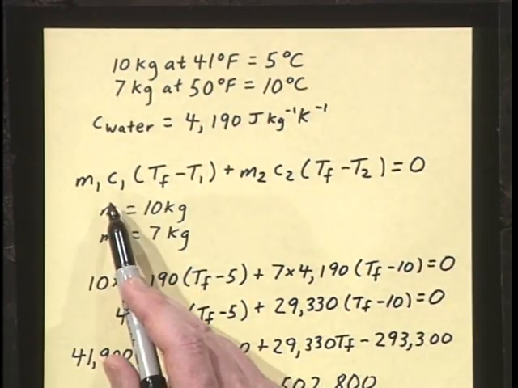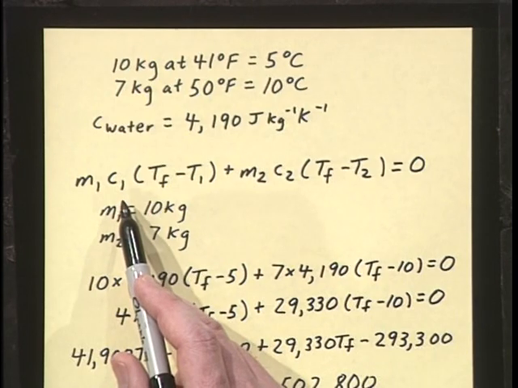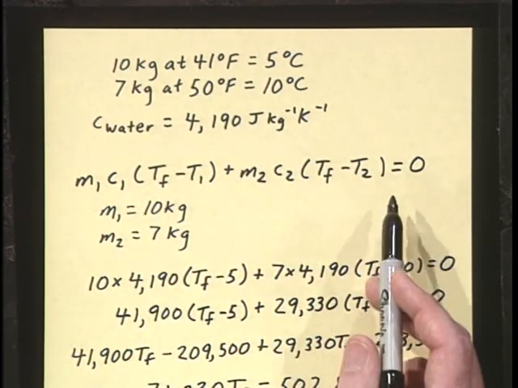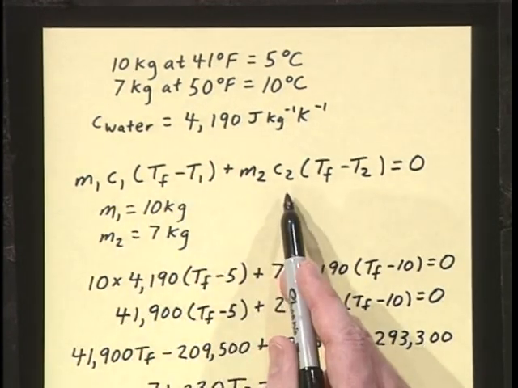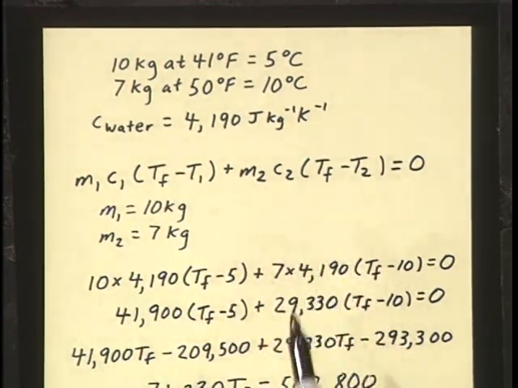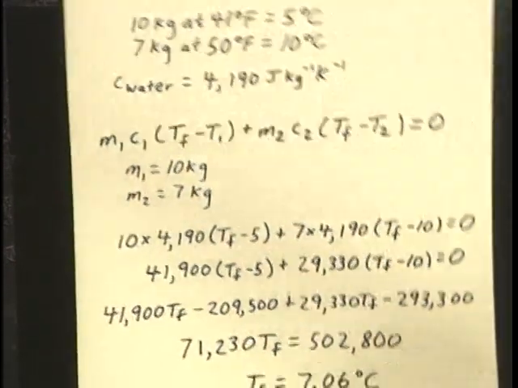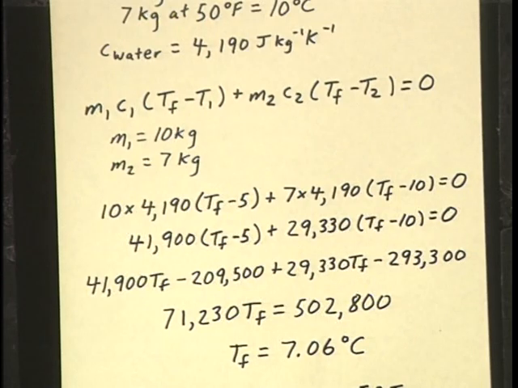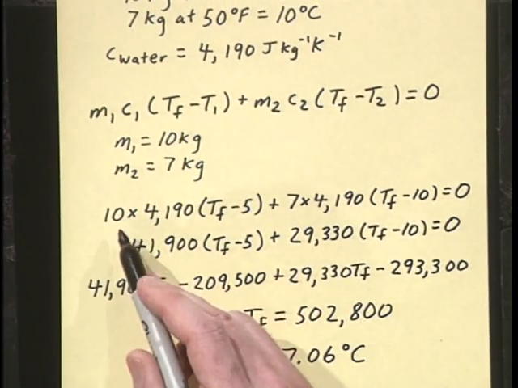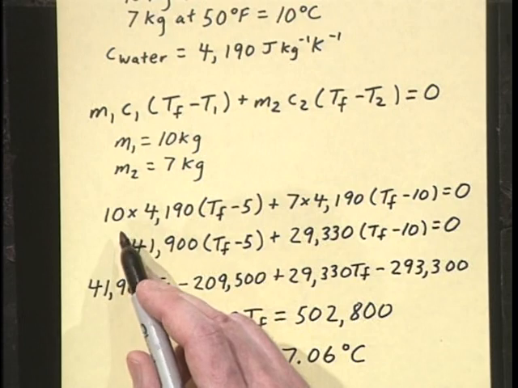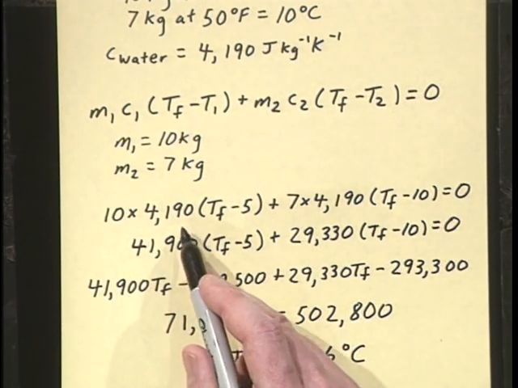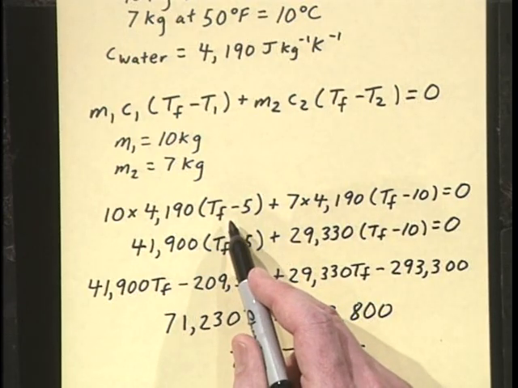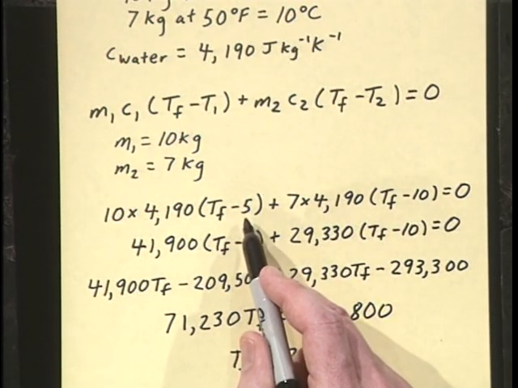And next we have our equation that we looked at earlier with our M1, C1 terms. In this case, C1 and C2 are going to have the same value since they're both dealing with water. The only difference is that they have different masses and different temperatures. So our M1 is 10 kilograms, and we multiply that by the 4,190 times the final temperature minus the 5 degrees Celsius.